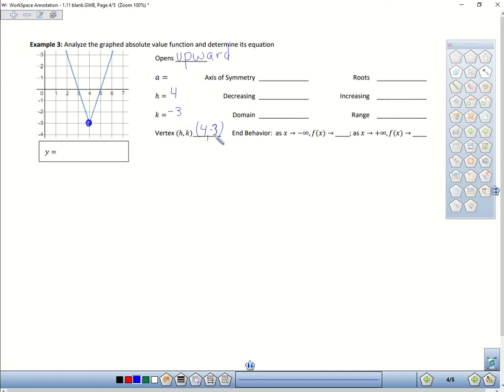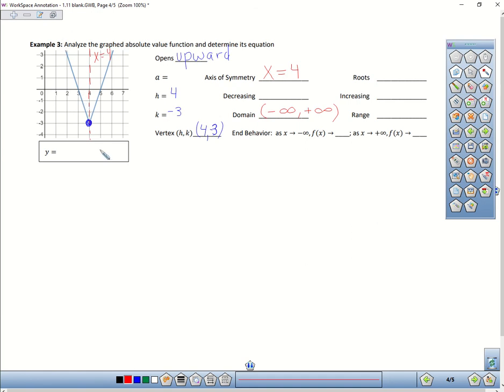Okay? Now we're going to look at our axis of symmetry, which is right here. And what is the equation of my axis of symmetry? X equals 4. My domain is always all real numbers. And now we're going to look at increase and decrease.